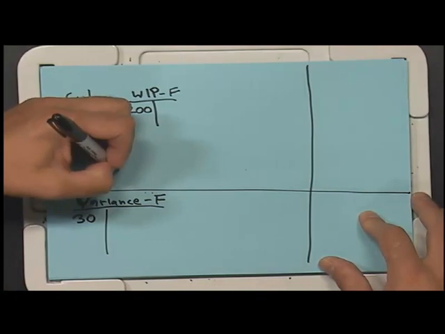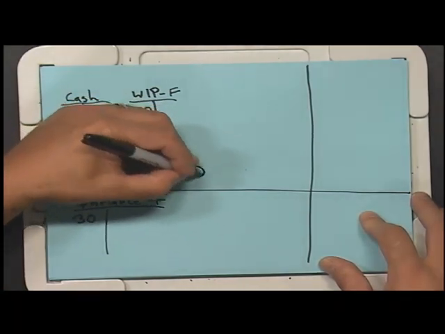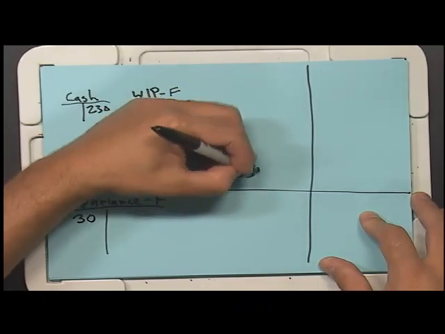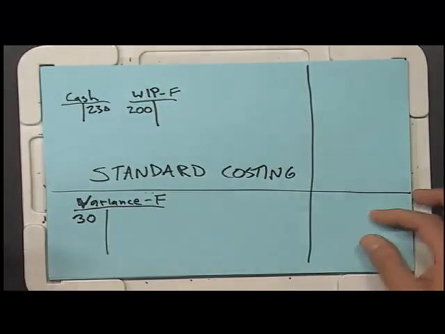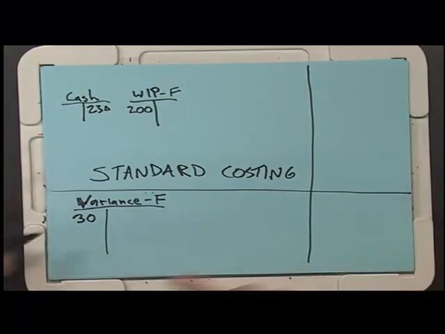And this is the type of standard costing that we're going to be looking at in these videos, which is preferable to the version we saw a minute ago because it gives us our variance information as soon as possible. Okay?